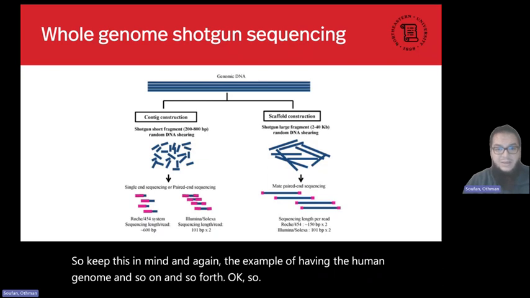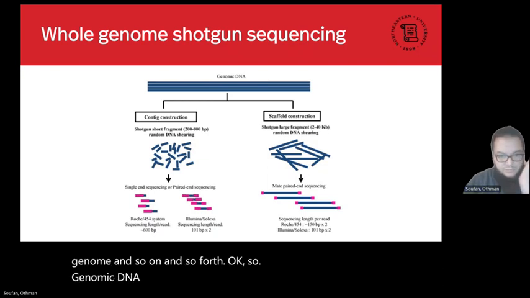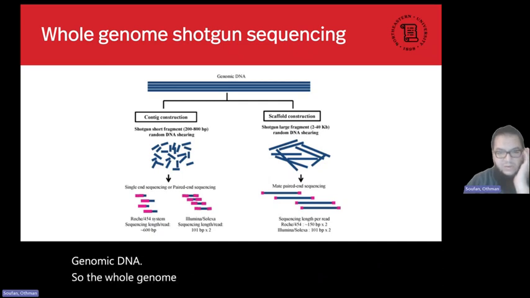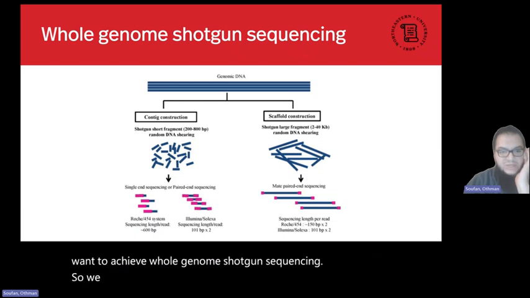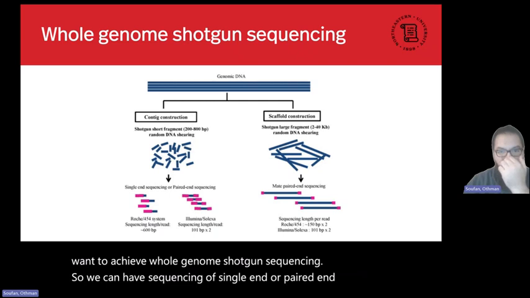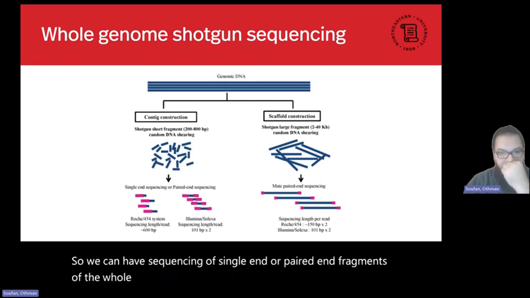So with genomic DNA, we want to achieve whole genome shotgun sequencing. We can have sequencing of single end or paired end fragments of the whole genome DNA shotgun library.